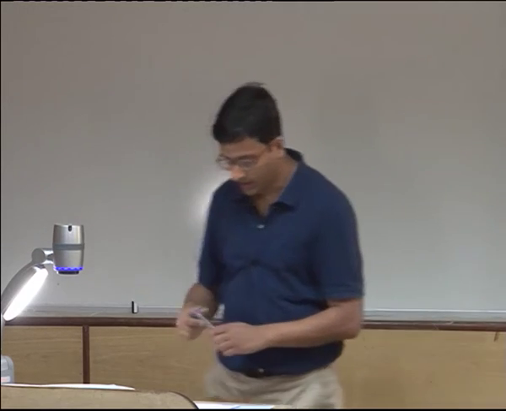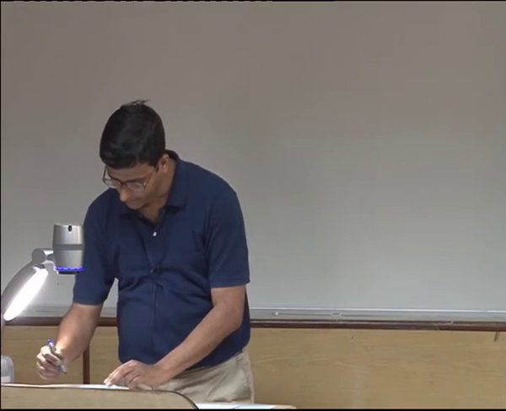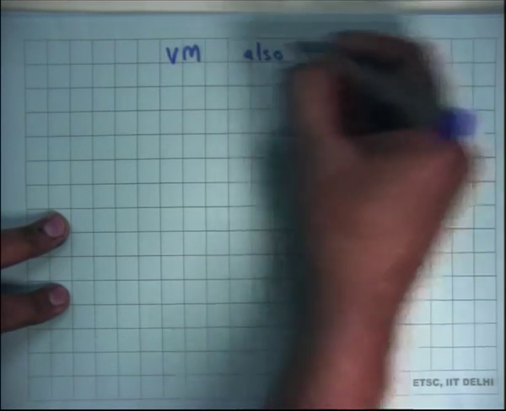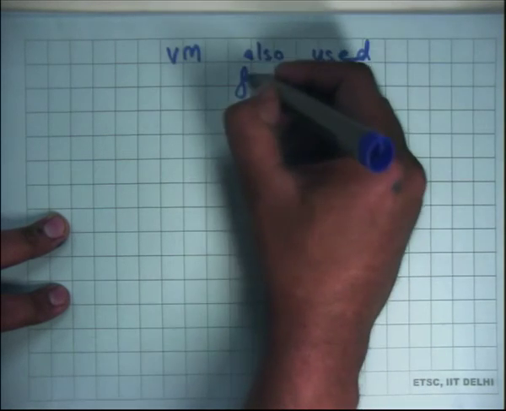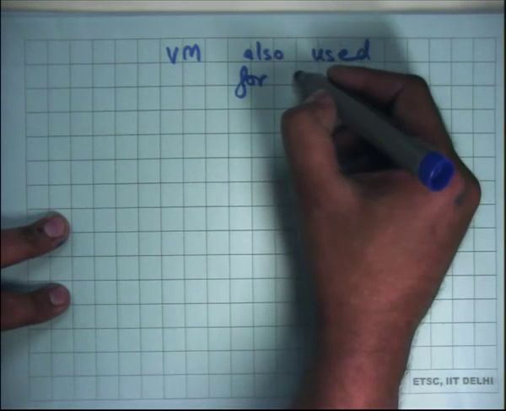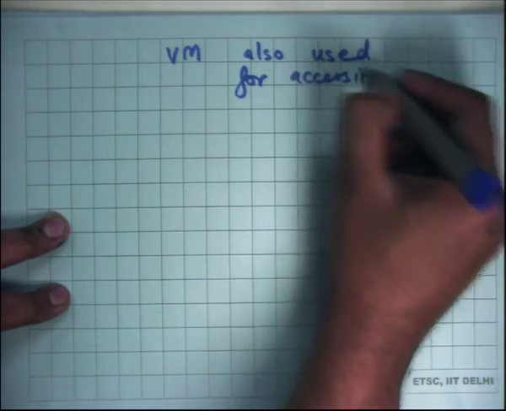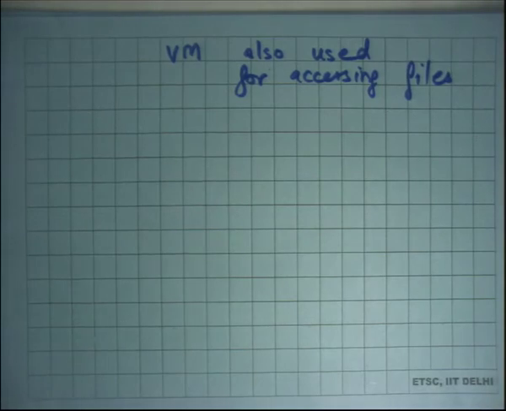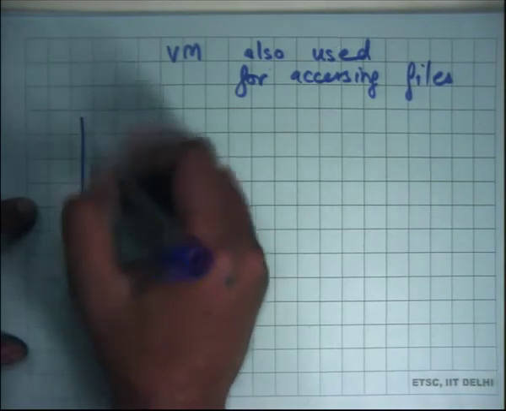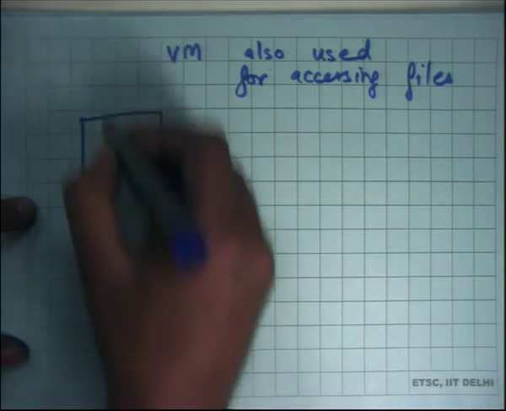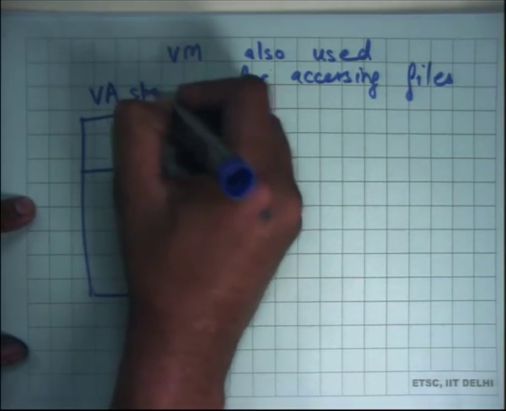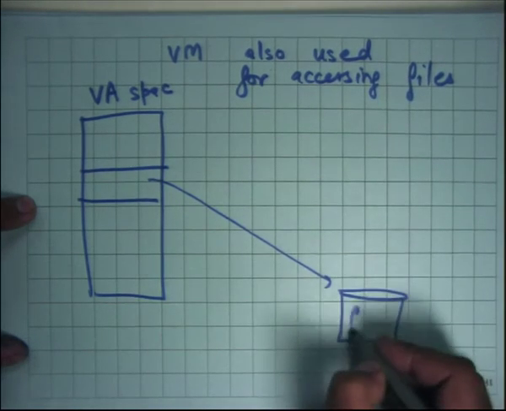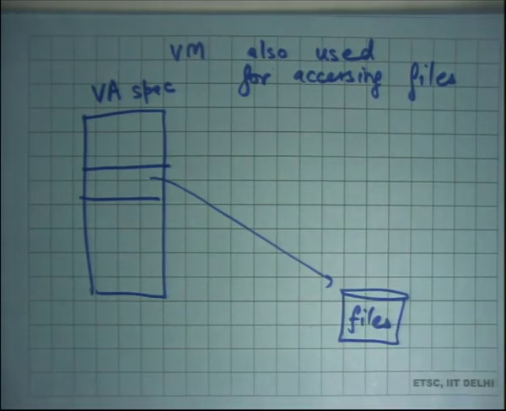Okay. One last thing I would like to say is that the virtual memory subsystem is also used for accessing files in modern operating systems, right? So how? Well, in your virtual address space, let's say this is the VA space, you can map regions of your VA space to point to files, right?